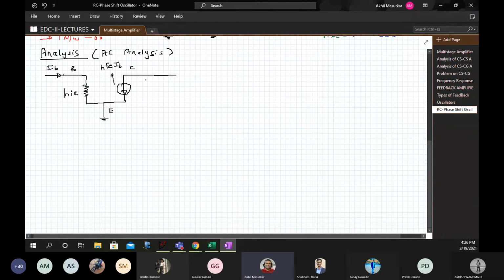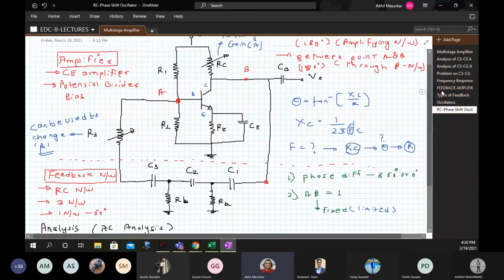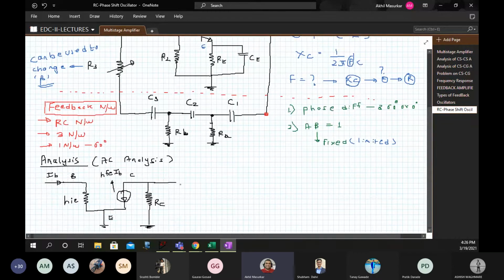At the collector we have RC, which is connected between collector and VCC. VCC is also considered as ground AC wise. So it is connected between collector and VCC, but VCC is ground. Generally we do that.